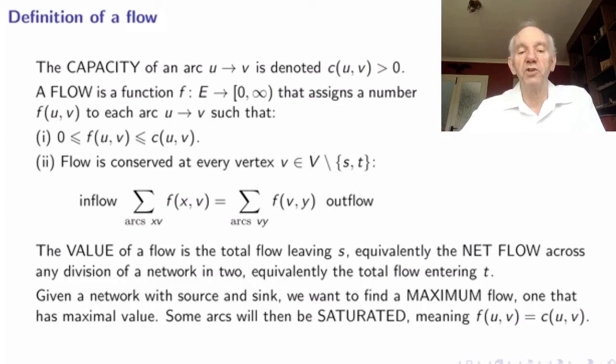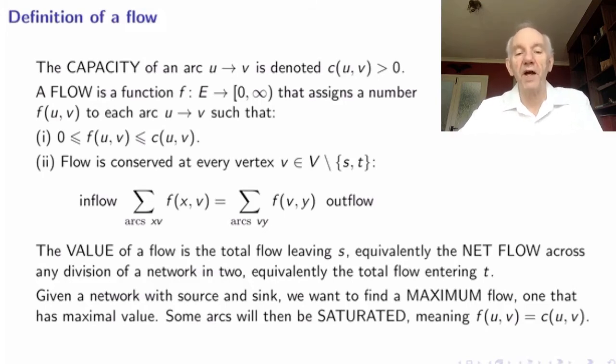And because of conservation of flow, that will equal the sum of the flow numbers entering the sink. Indeed, if you divide the network in any way, and I'll show you the example in a moment again, the net sum of the flow numbers, flowing one way plus, flowing backwards minus, will always be the value of the flow. So you can easily find the value of the flow by just adding up the flow numbers leaving the source. That is the value of the flow, and that's what we're trying to increase.